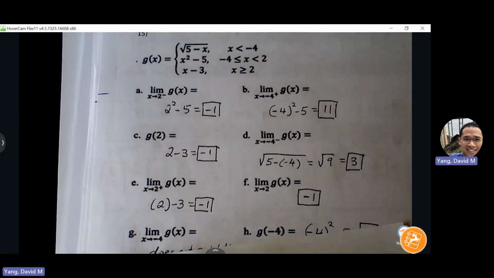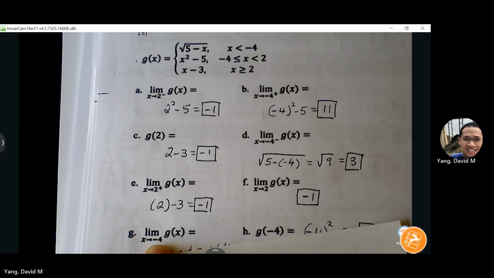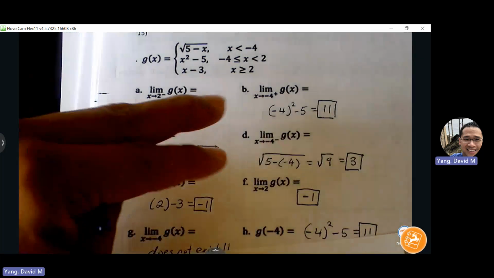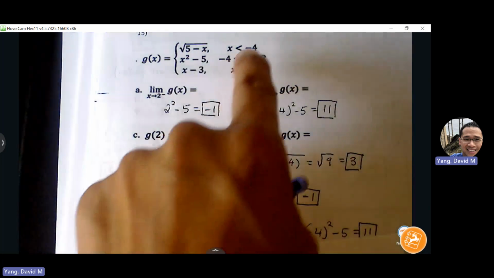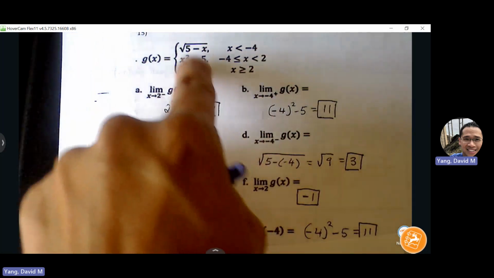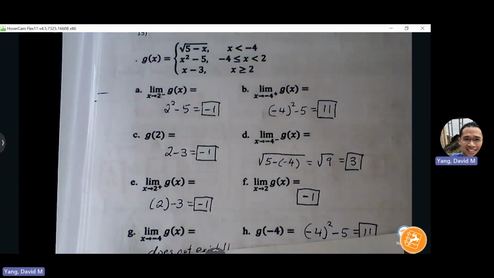But what do you notice about part G here? The limit as x approaches -4. That's good. It doesn't exist because we see that -4 is split between the endpoint of the first piece and the beginning point of the second of two different piecewise functions.